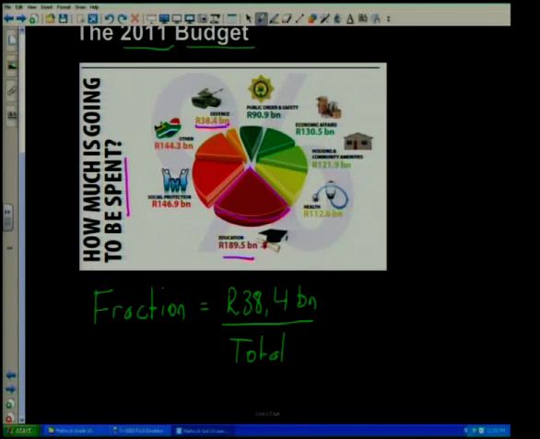We can leave it as billion because we're dealing with billions in total. And we're going to divide that by our total that is being spent. If I knew the entire total, I'm not going to sit and add it up now. And we're going to get our fraction. We're going to get it as a percentage. So times by 100 will give me a percentage. And I'll see that that percentage out of 100 is actually quite small.